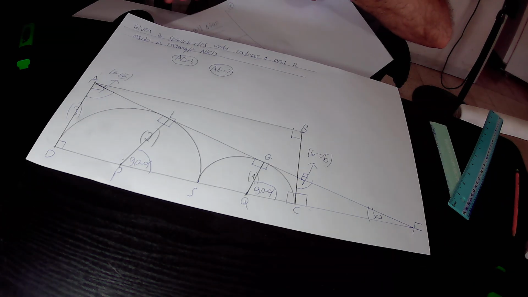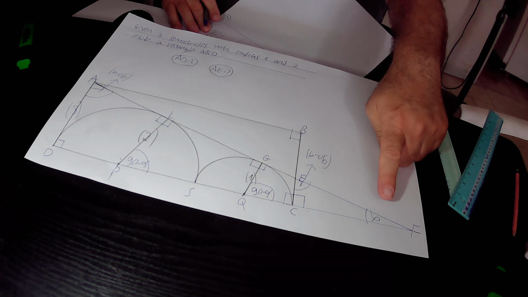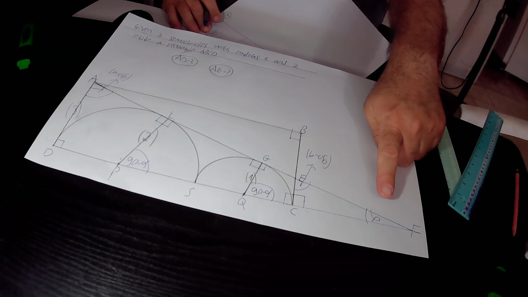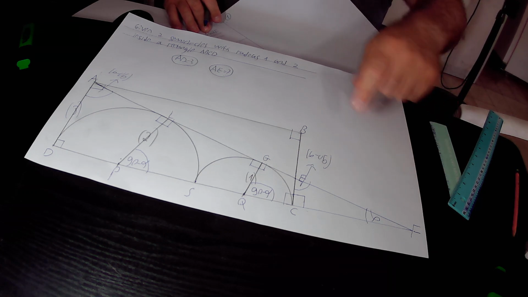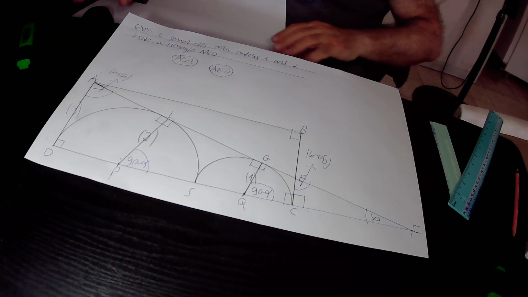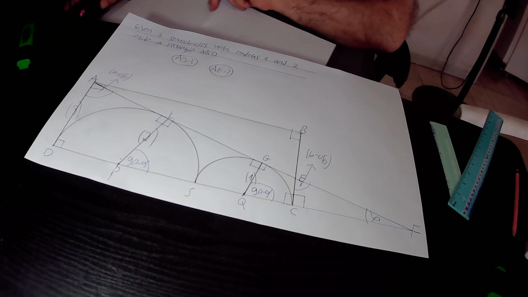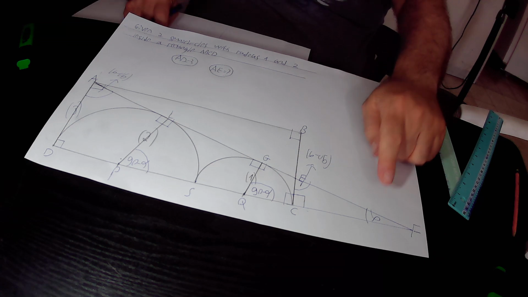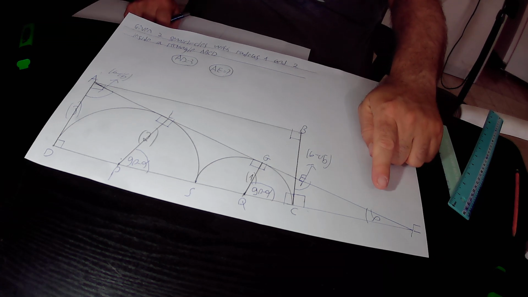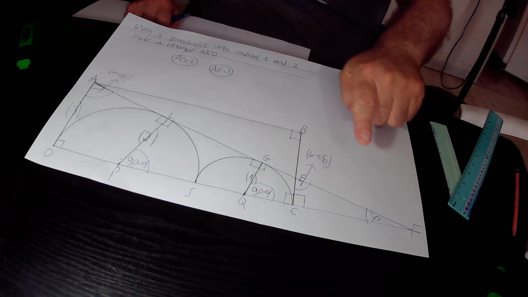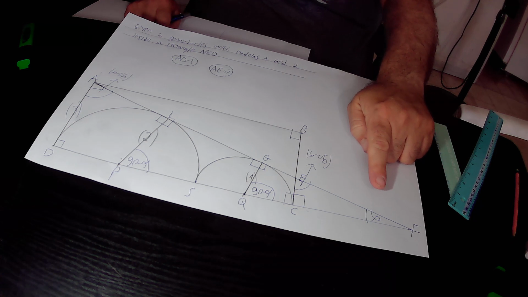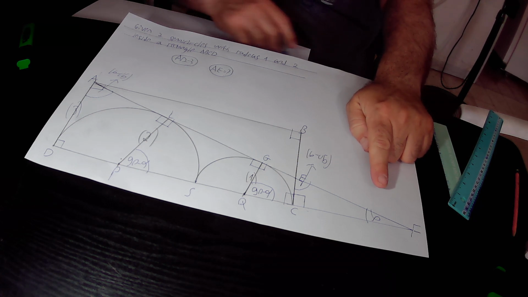In addition, this is angle alpha, that is a common angle that belongs to both triangles. So I can write down that angle alpha equals itself as a common angle that belongs to both triangles. If we relate to this angle alpha as it belongs to the big triangle LPF, it will be defined as angle LFP.